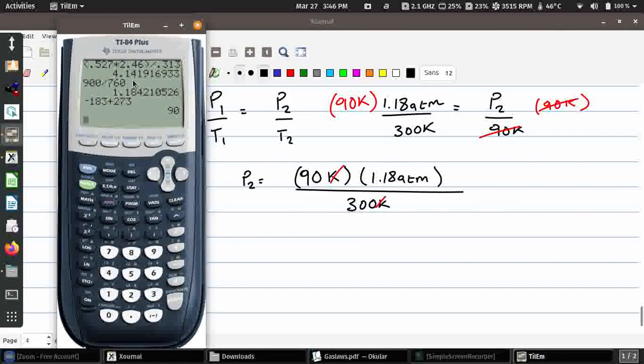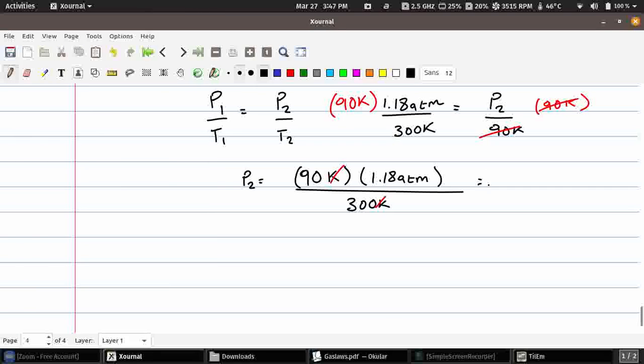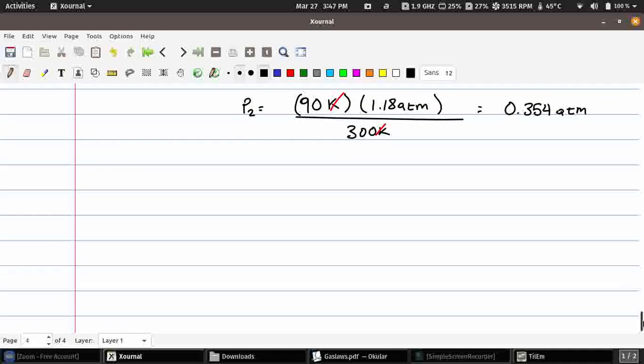So you have parentheses 90 times 1.18, close those, and then divided by 300. And then her tank's pressure has gone down to 0.354 atmospheres.